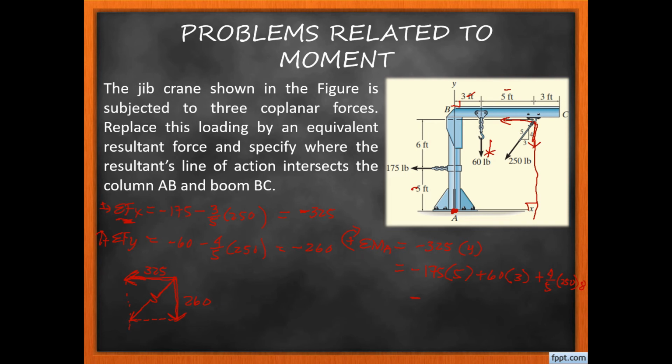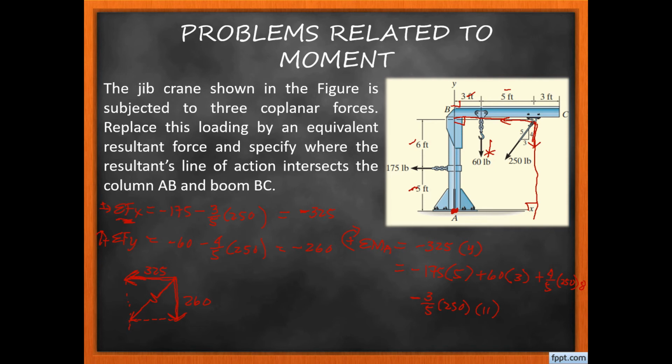And our component is 3 over 5 times 250 times our moment arm from A. So we will have a perpendicular distance there. Okay, so our distance is 6 plus 5, that is equals to 11.